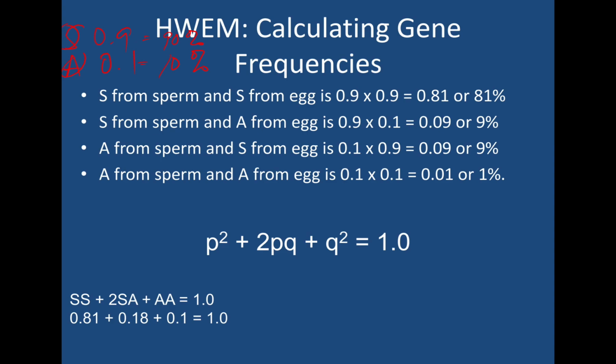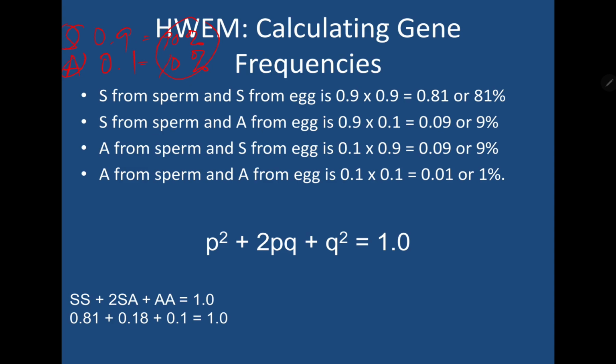So since the assumption is random mating, we can predict the results of mating since we have the percentages for the S allele and the A allele. Because you know that 90% of them carry S and 10% of them carry A, you can actually predict the results of the next generation since it's a random chance of mating.